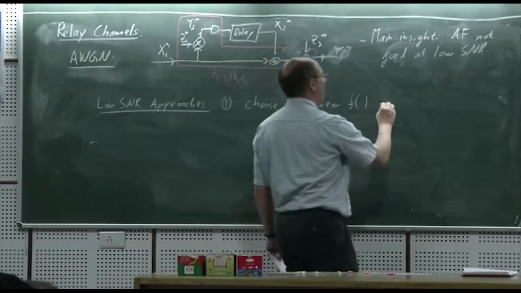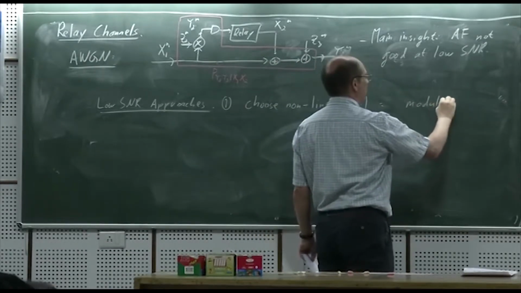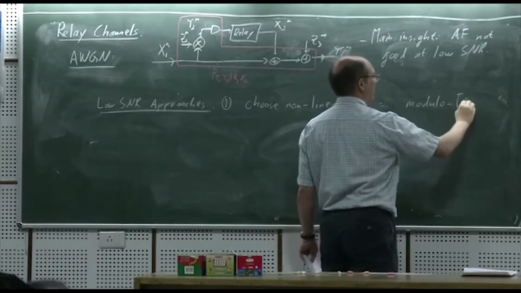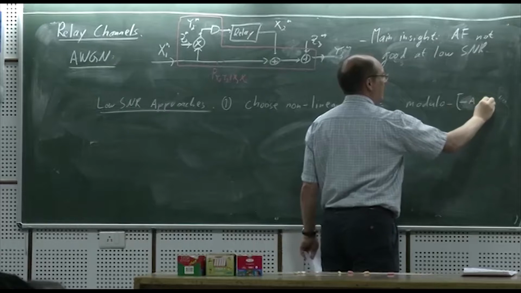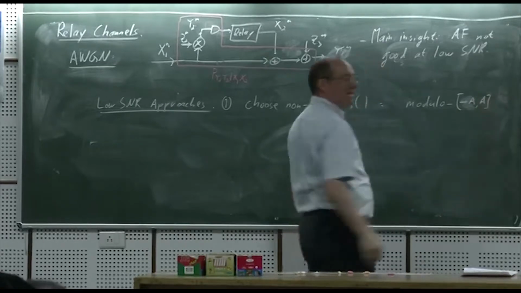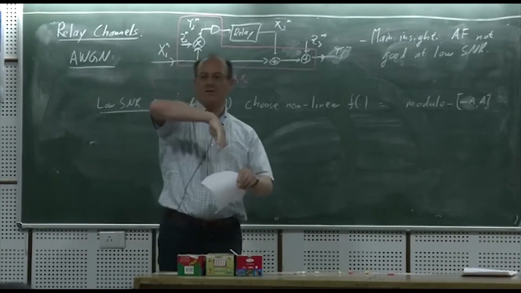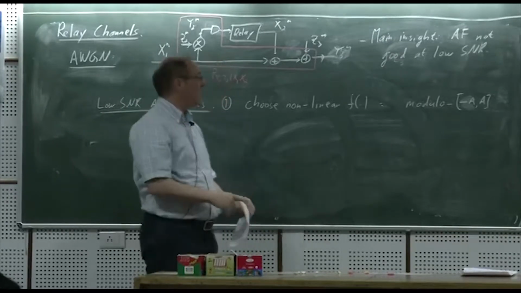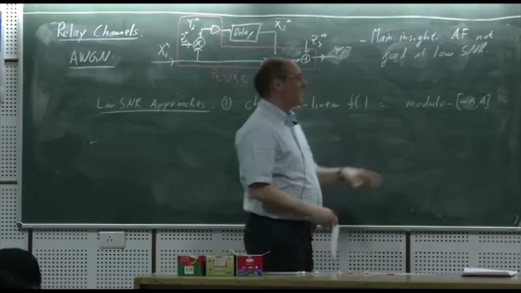So they chose modulo functions, for example, modulo some range minus a to a. So the functions are only linear in range, and then if the value is higher, you map it back, right? That actually helps performance a lot at low SNR.